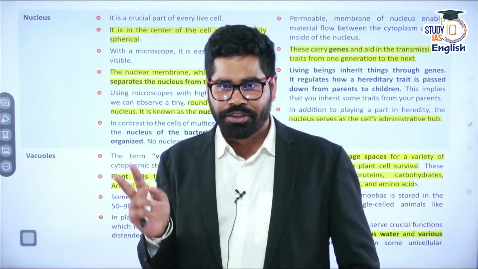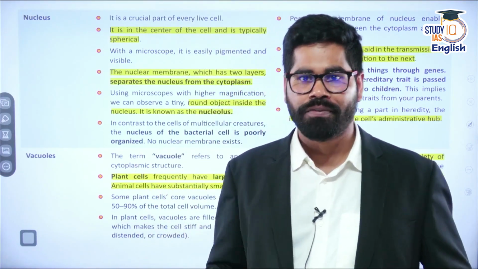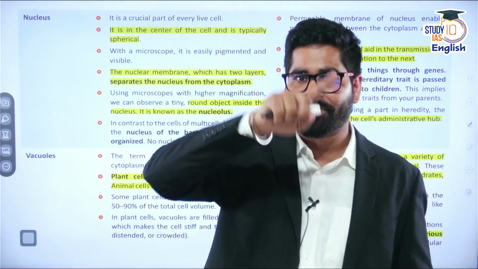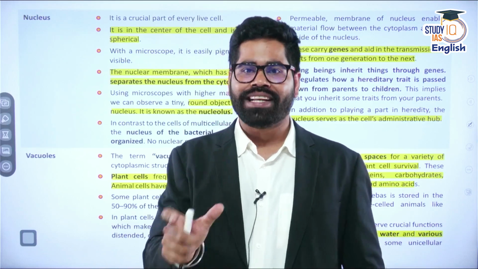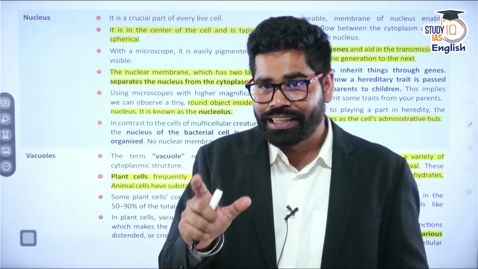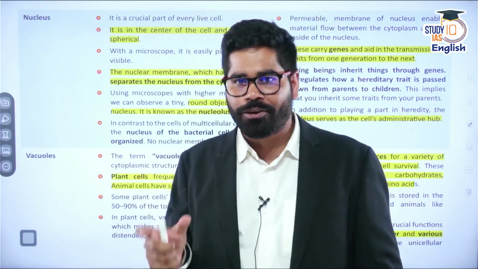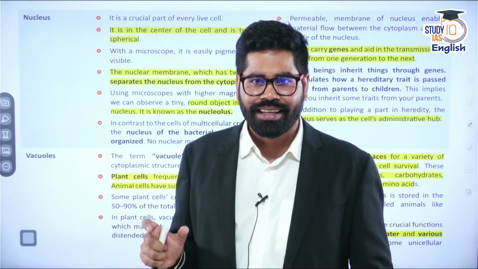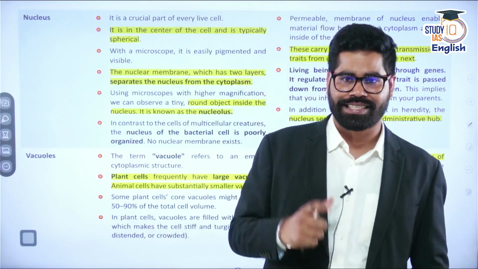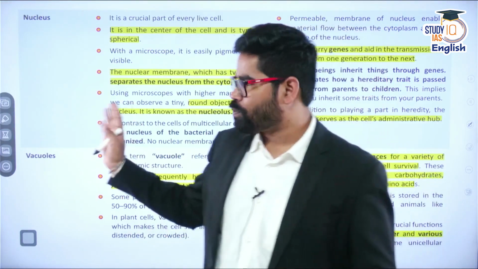There are two types of cell on the basis of the existence of a membrane. If there is a membrane around the nucleus material, then we call that a eukaryotic cell. And if the nucleus materials are not enclosed by any such membrane, and are simply lying in the cytoplasm, then that is called a prokaryotic cell.